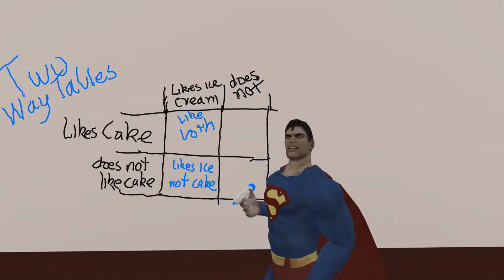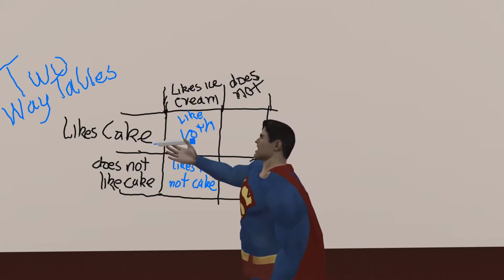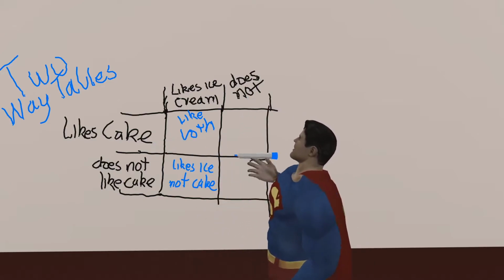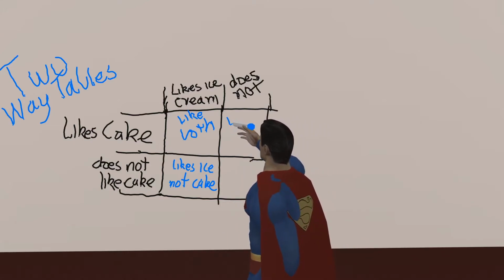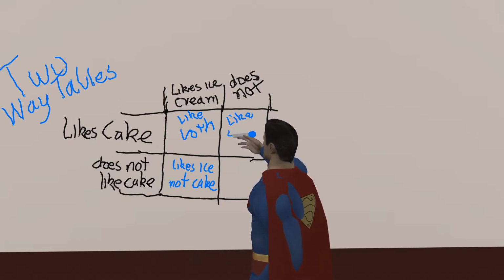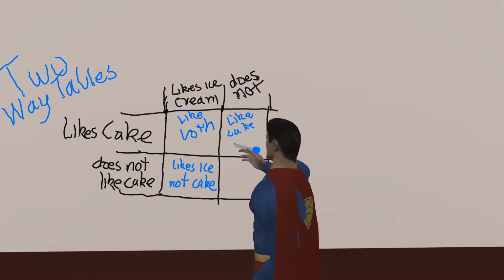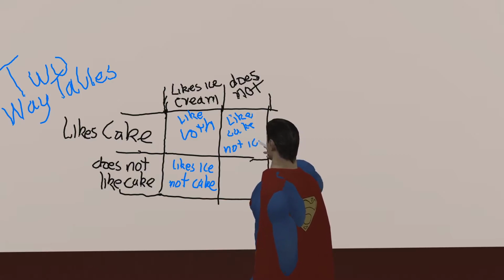Now in this one here, this is for the people who like cake and do not like ice cream. Write this here: likes cake, and we'll just say not ice cream.